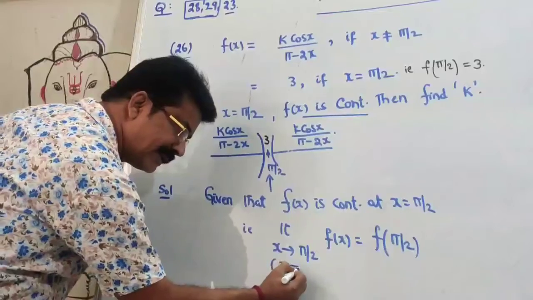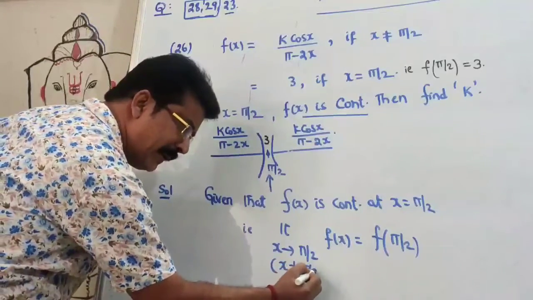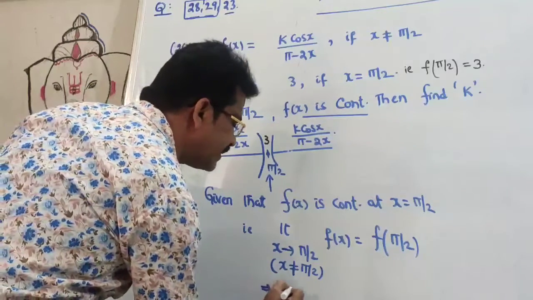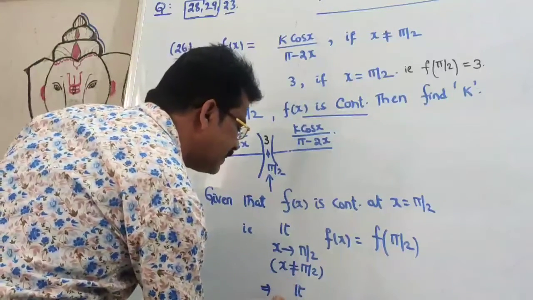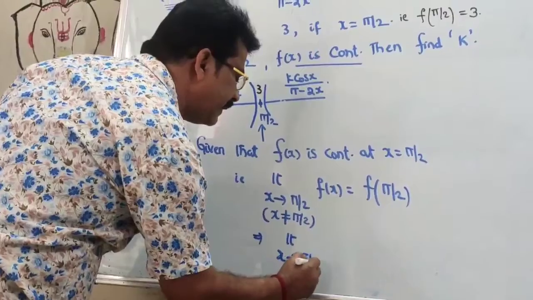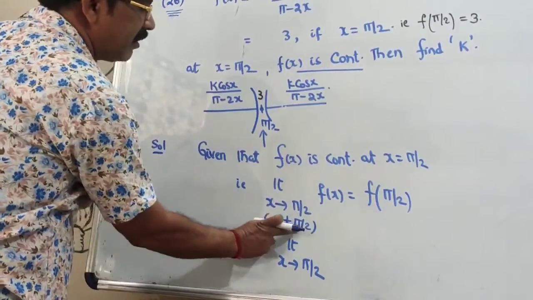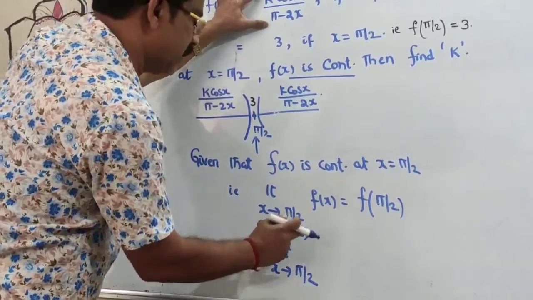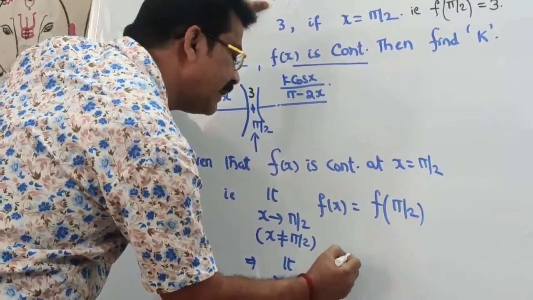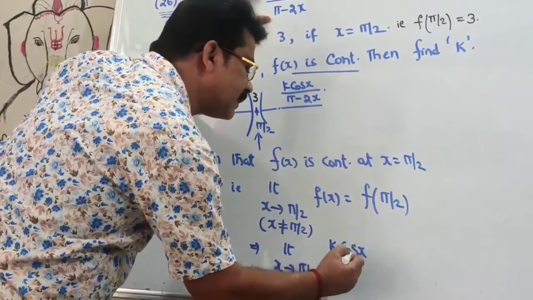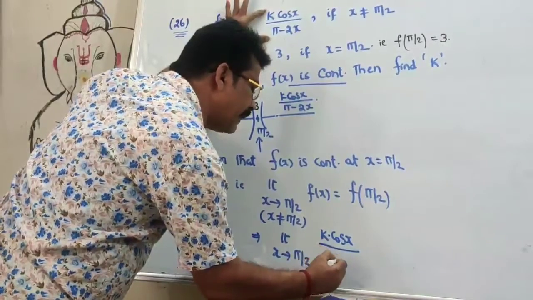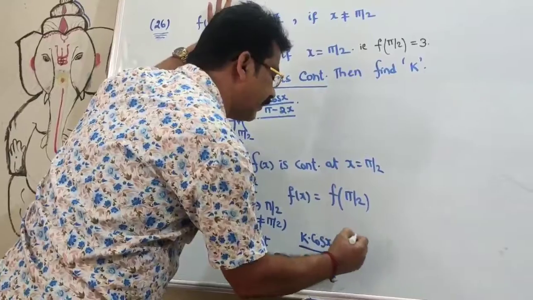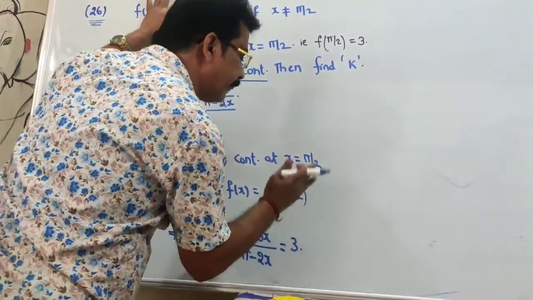So limit x tends to pi by 2, f of x is k into cos x divided by pi minus 2x, which is equal to f of pi by 2, value 3.